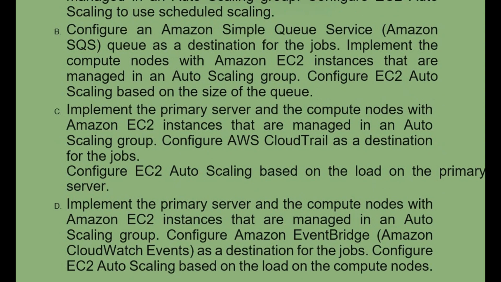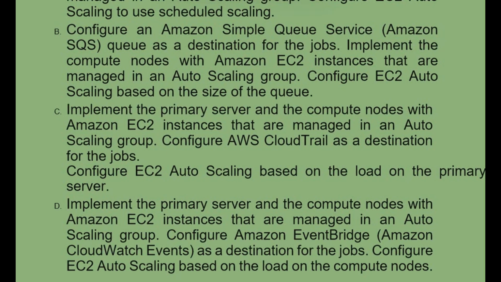Option C. Implement the primary server and the compute nodes with Amazon EC2 instances that are managed in an auto-scaling group. Configure AWS CloudTrail as a destination for the jobs. Configure EC2 auto-scaling based on the load on the primary server.